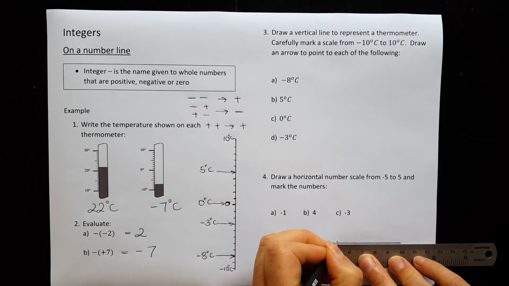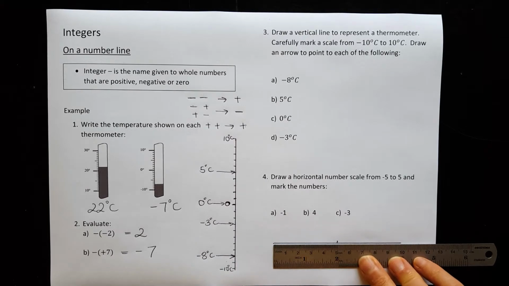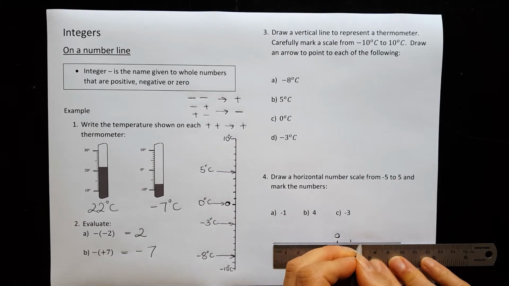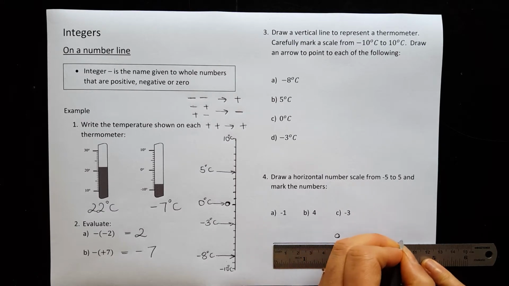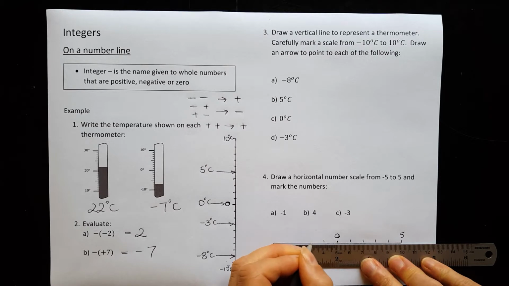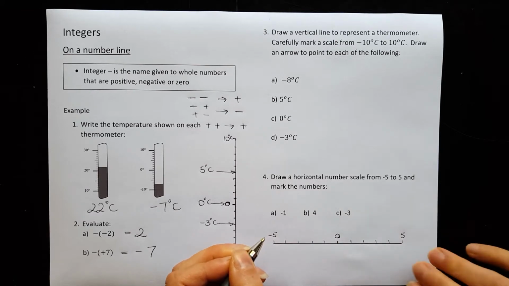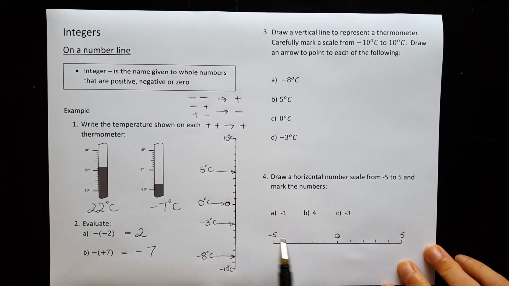The middle is going to be my 0 point. 0, 1, 2, 3, 4, 5, and -1, -2, -3, -4, -5.